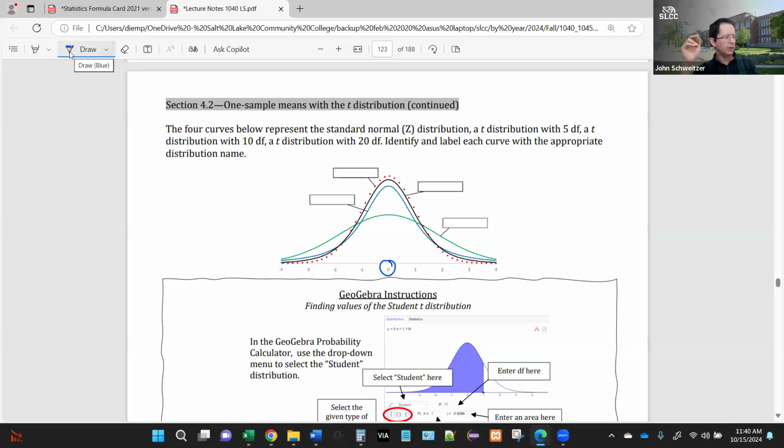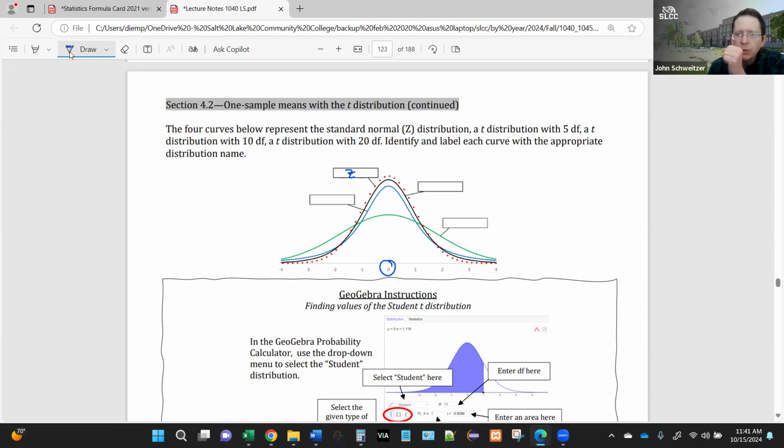This diagram is kind of busy and there's a lot going on here, but I think it's very useful. The dotted line represents the standard normal curve z, with mu 0 and sigma 1. The dotted red line is there to emphasize that it's different from the t distribution. The solid black, blue, and green lines are each a different t distribution.